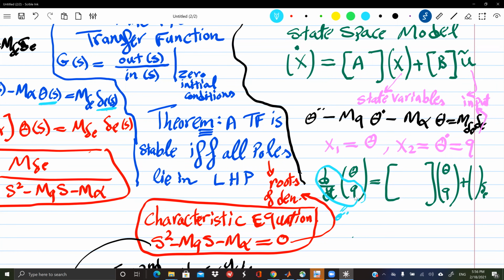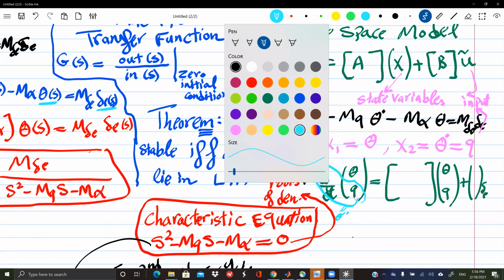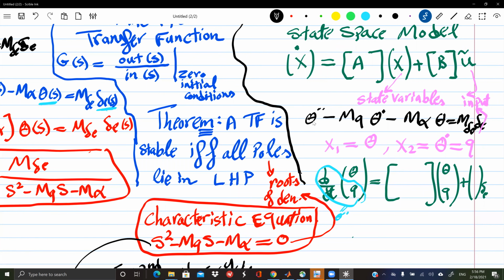So please, from your equation of motion, get theta double dot on one side and the other things on the other side. So here is my theta double dot. Move all these things to the other side. So on the other side, I will have m_alpha multiplying theta. I have m_q multiplying theta dot, or q, right? What else? I have m_elevator multiplying delta elevator. Any question about filling the second row?